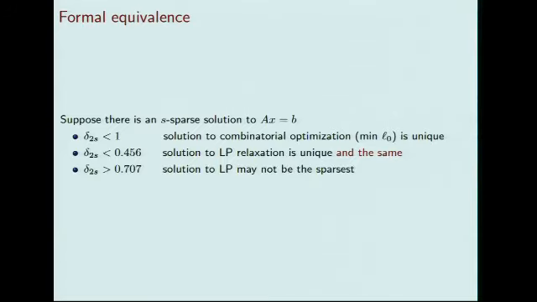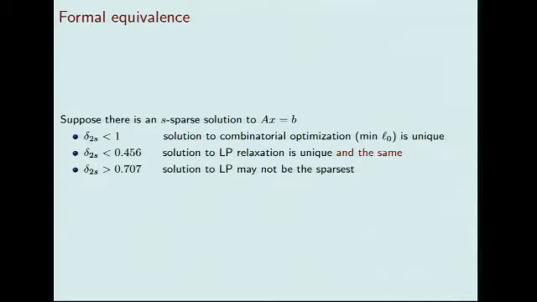Okay, so there's an interesting phenomenon here, which is that suppose that there is an S-sparse solution to Ax equals b. What is it that we've learned? We've learned that if delta 2S is less than 1, that's the only one, right? Because then we have our lower bound, and delta 2S less than 1 is equivalent to saying that 2S columns of A are linearly independent, so we know that there's only one solution.